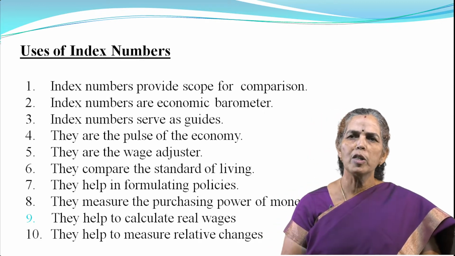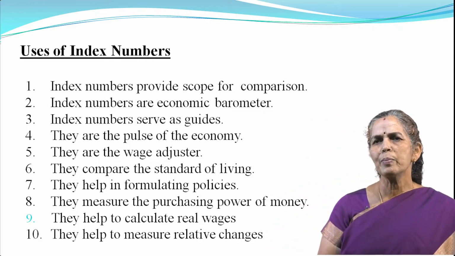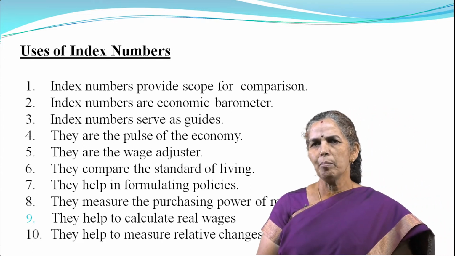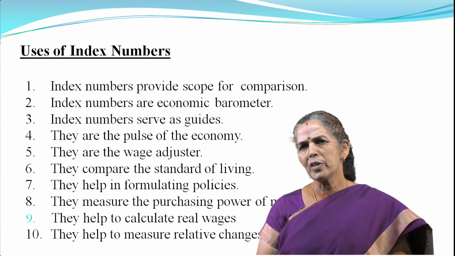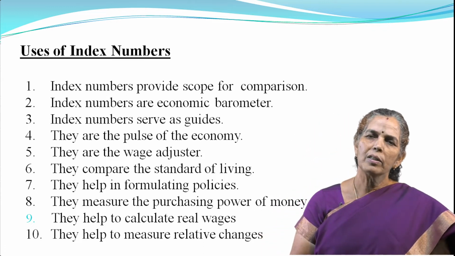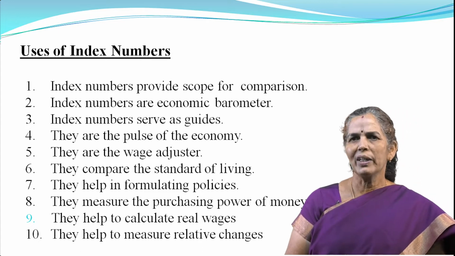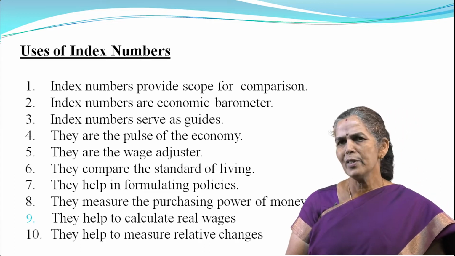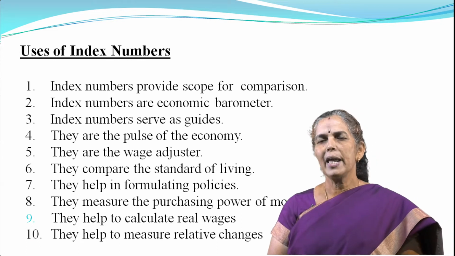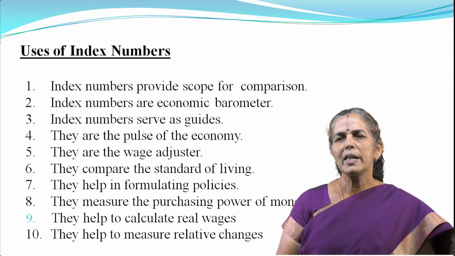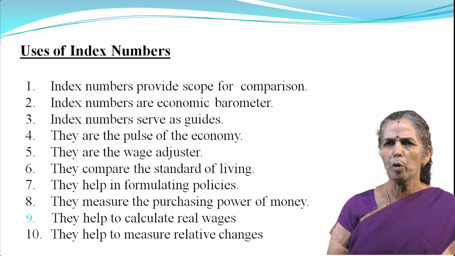An ordinary barometer is used to measure atmospheric pressure and weather condition. Like that, based on industrial production, agricultural production and economic condition, we can calculate index number that tells what direction the economy of a country is moving. Therefore, index numbers are called economic barometer.